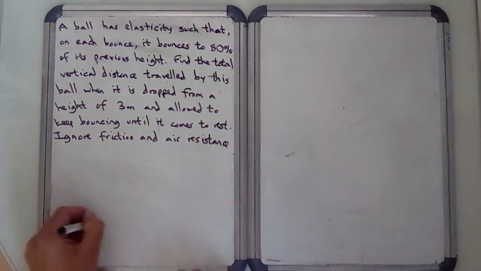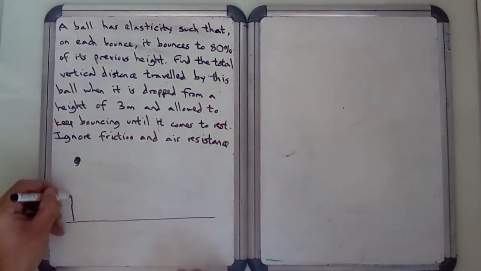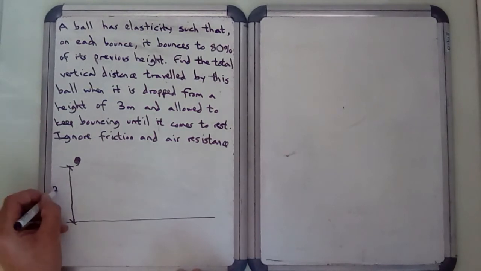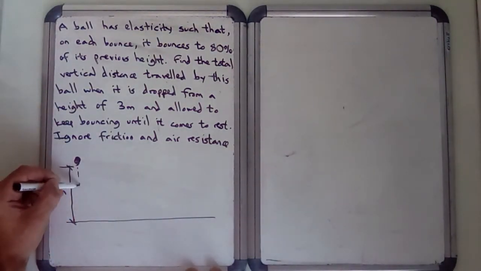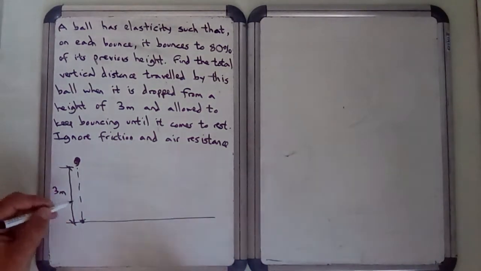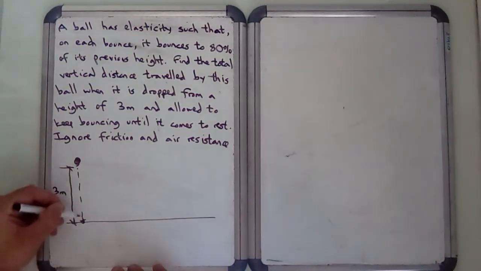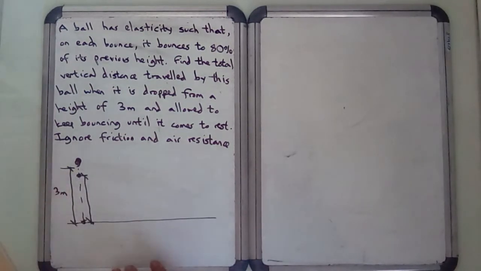So say we've got the floor and we've got the ball, and it's dropped from a height of 3 meters. Once we drop it, firstly it's going to fall 3 meters and then it's going to bounce back up. So it's going to bounce to 80% of that, so we're definitely going to need 80% of 3.